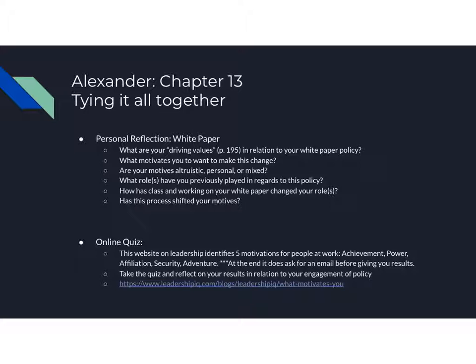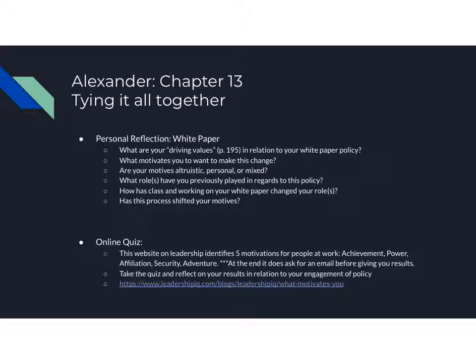I still struggle a little bit with some of the other policies and feeling like my perceived power is less than I know that I'm learning that it is. And so really with chapter 13, I really started to reflect on the white paper and what are my values?